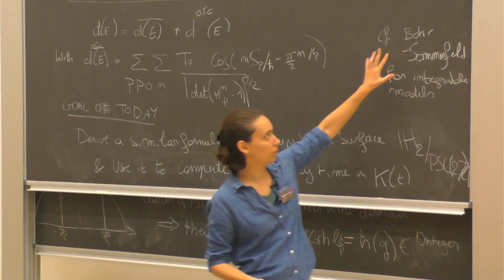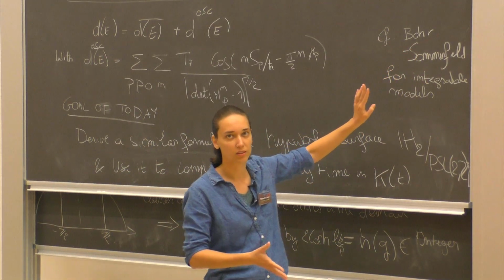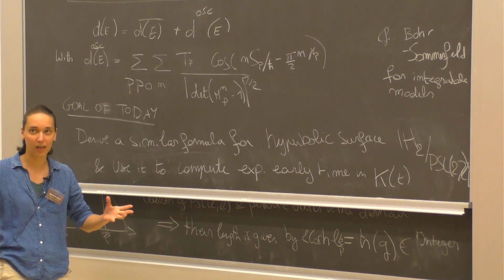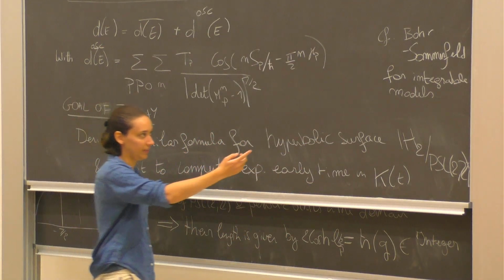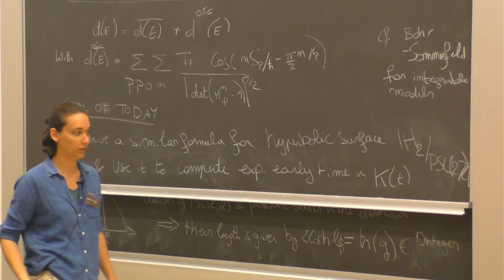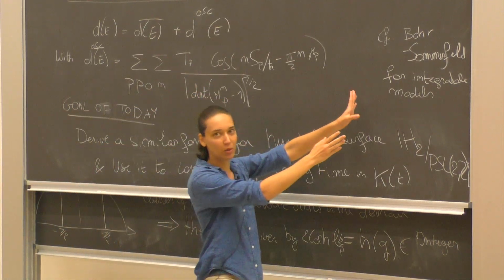So usually whenever you see Bohr-Sommerfeld quantization in integrable models, you see it applied to the harmonic oscillator. It's a very easy exercise to do, and you see how from the classical motion you understand what the quantum eigenvalues of the spectrum are.